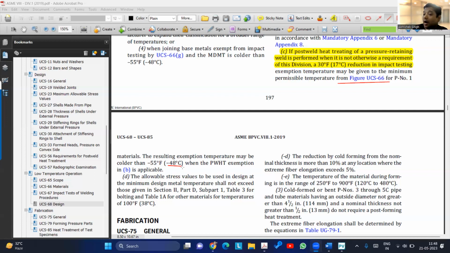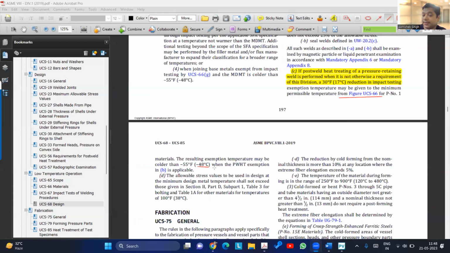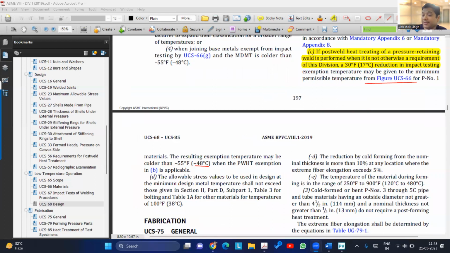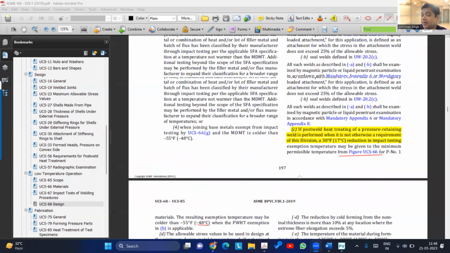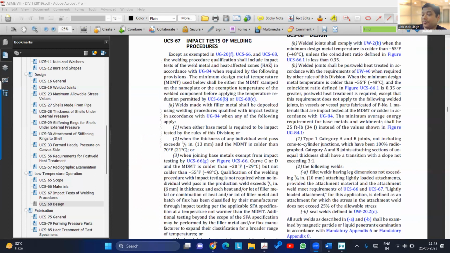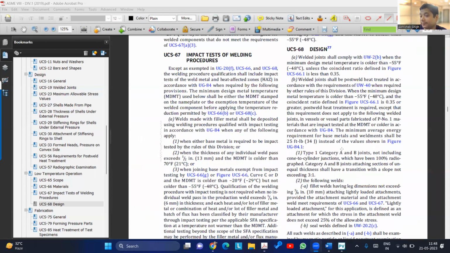Getting it? So how much deeper you can go, you cannot go up to minus 104, Akash. It is just saying that you can go, but then there is no exemption as per B, if applicable, then you'll have to read B for which cases that exemption is applicable.